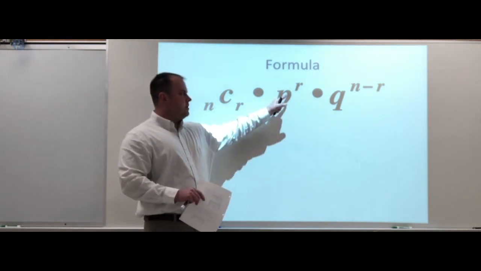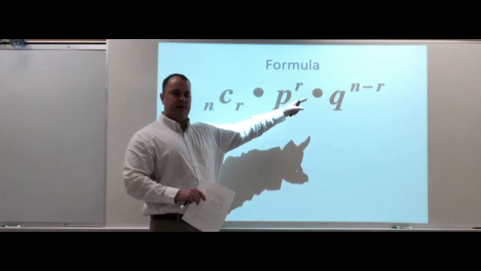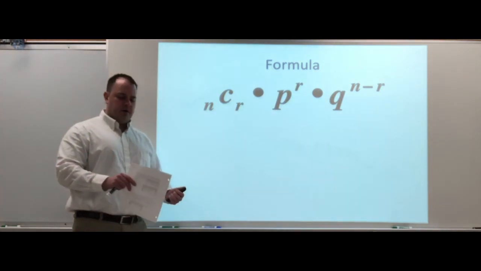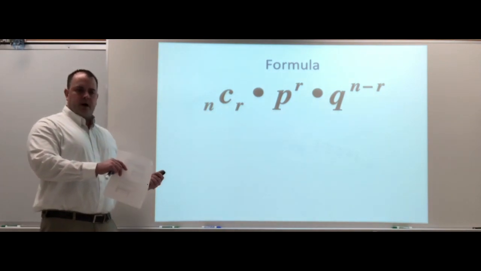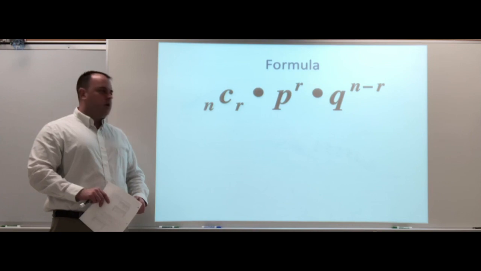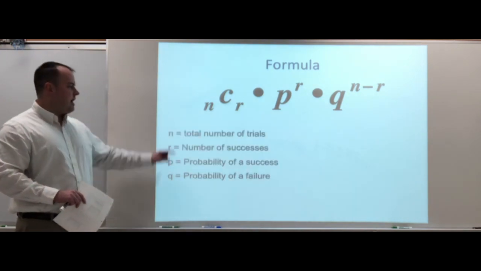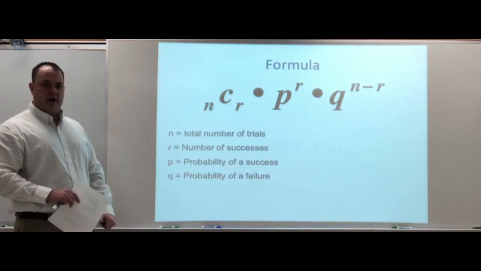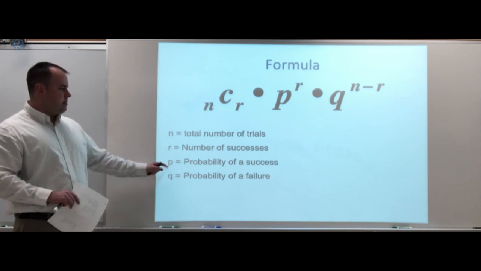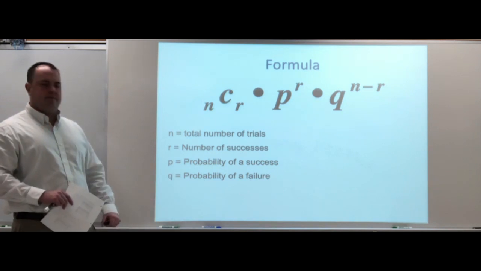P to the r power and q to the n minus r power take care of our probabilities, our probability of success and our probability of failure. Here, n is our total number of trials, r is the number of successes, p is the probability of success, and q is the probability of failure.